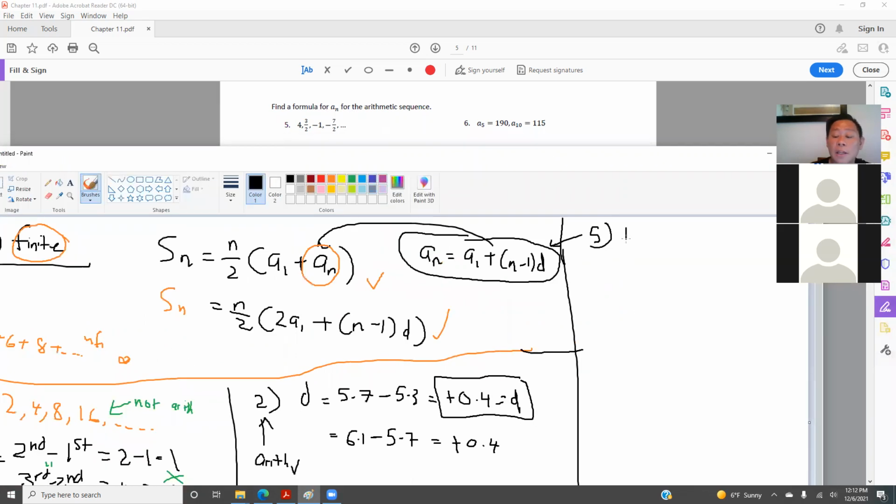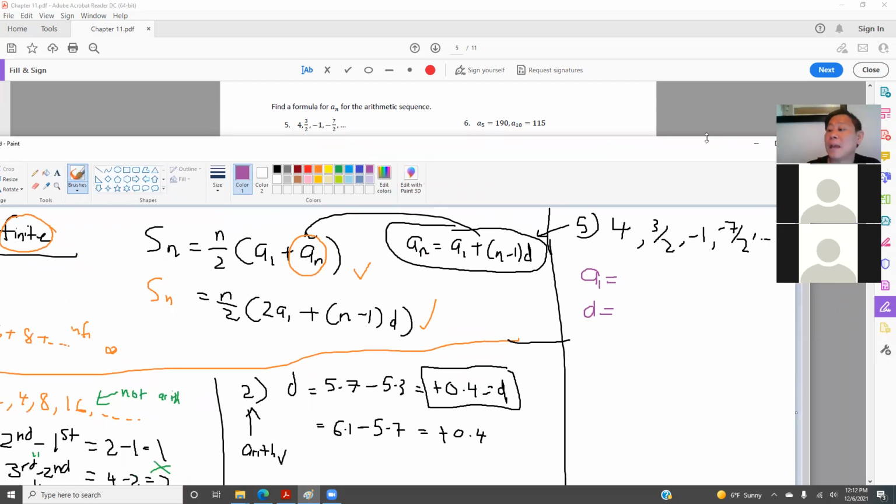So if I give you 4, 3/2, -1, -7/2, and so on, can someone tell me what is your A1 and what is D in this case? If you know this, you plug this into this formula and you're done. So anyone know what is A1 in this case?